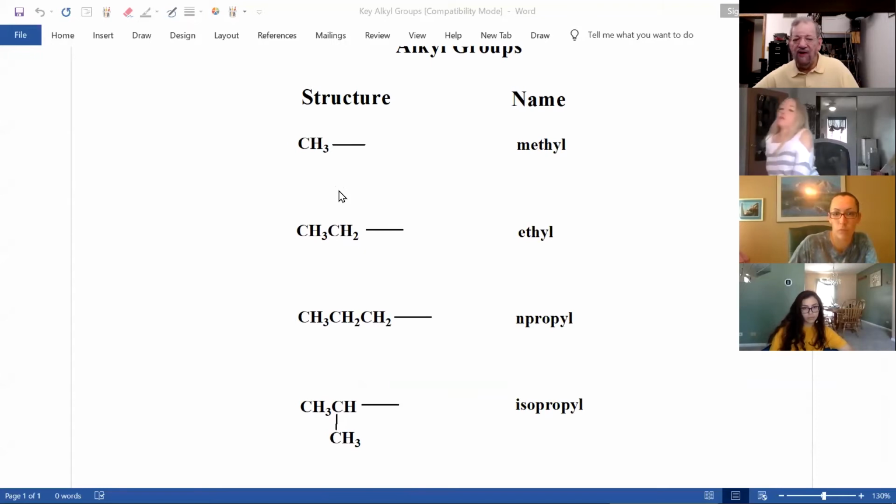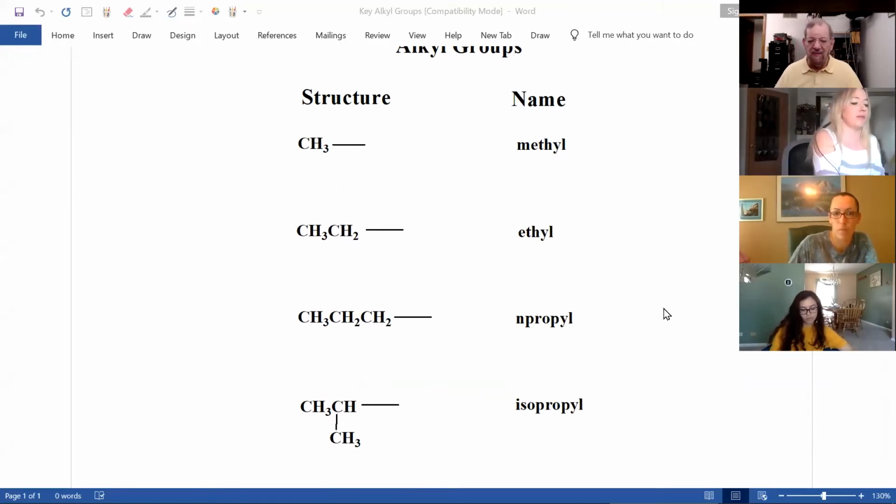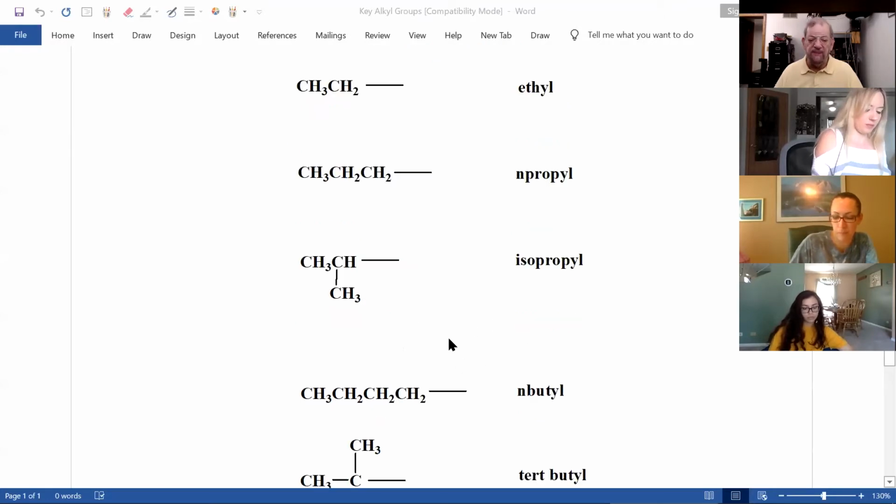And when you have one carbon attached to something, it's a methyl, two is ethyl, three, there are two possibilities. One is to the N carbon to a chain or ring, it's N-propyl. When it's the center carbon of three carbons that are this alkyl group, or otherwise known as substituent, it's isopropyl.